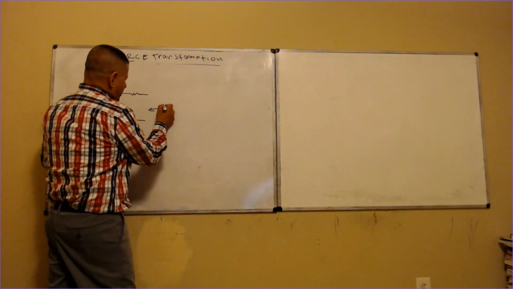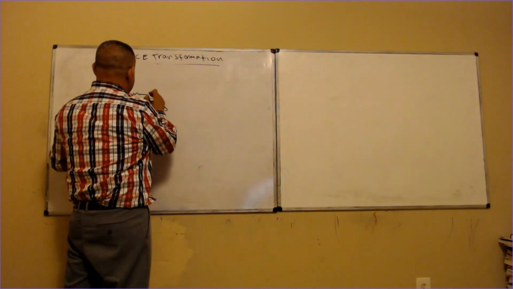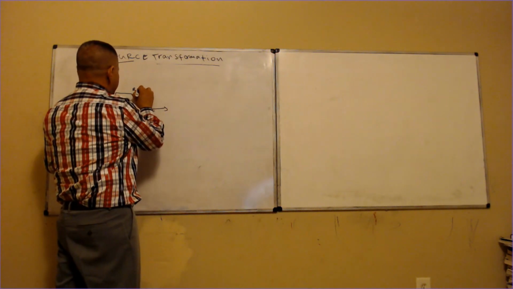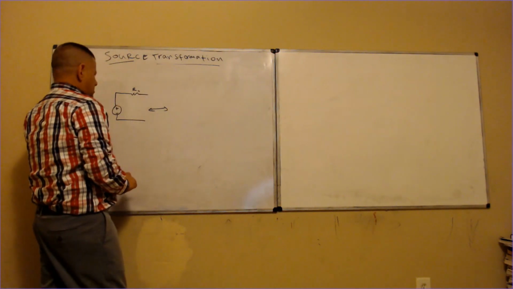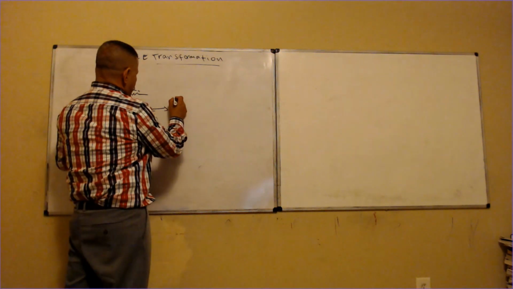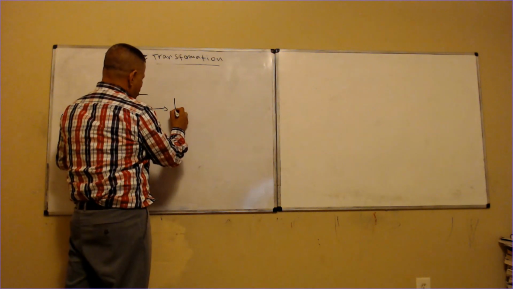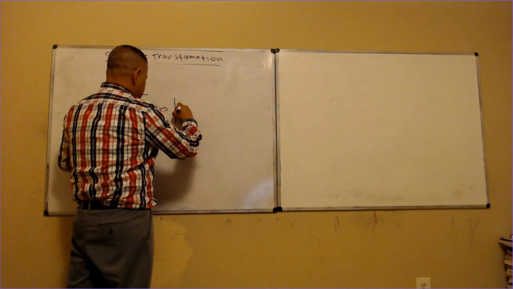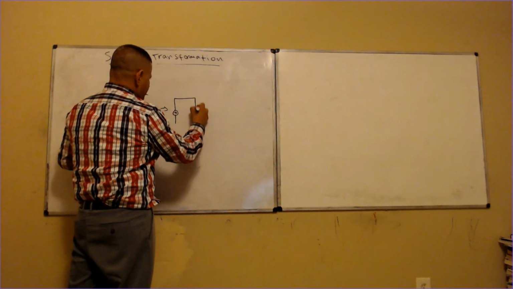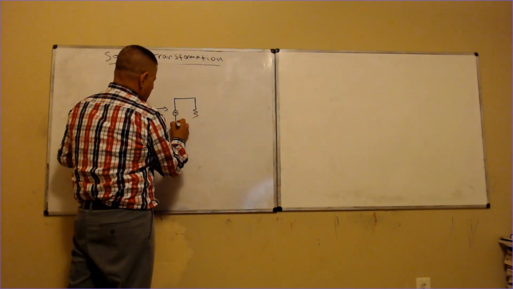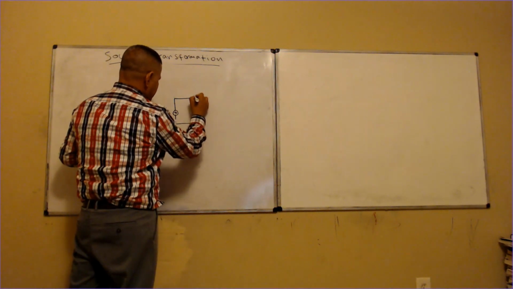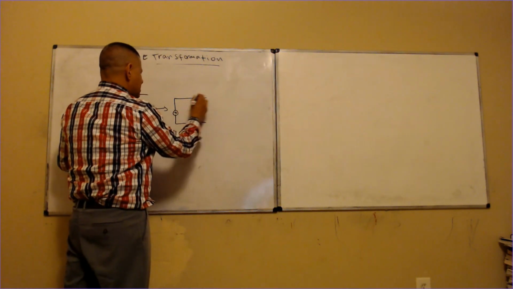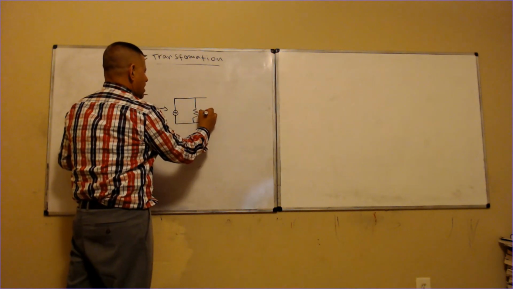Those are equivalent. And then let's say this is R, RS, R source. Then that becomes a current source, like this, with a resistor in parallel, that would be RS.